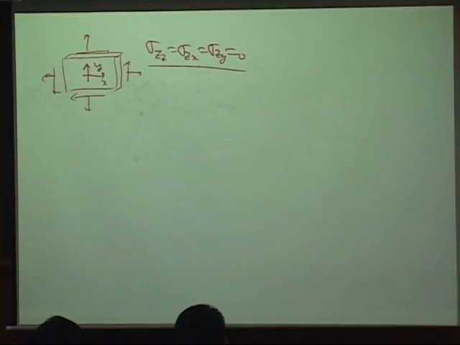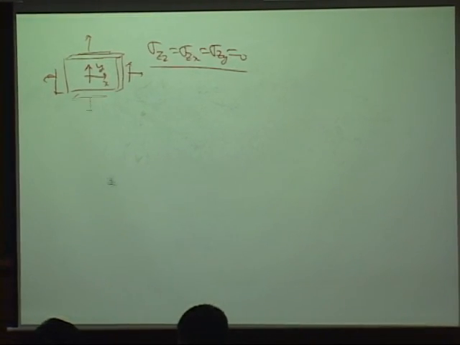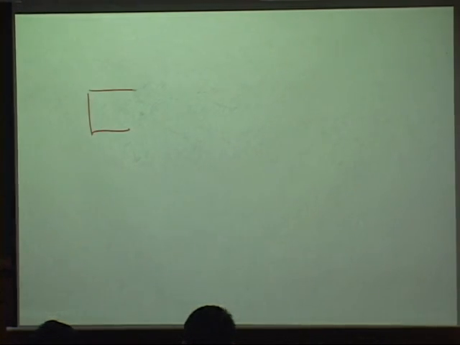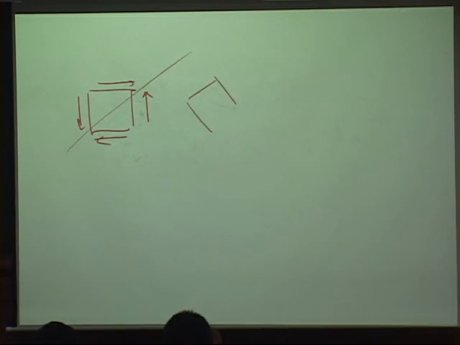Let me draw that case, which is that we have a pure shear, right? And the Mohr circle is as such, in the 45 directions, in this direction, 45 directions, this is what? Tension.